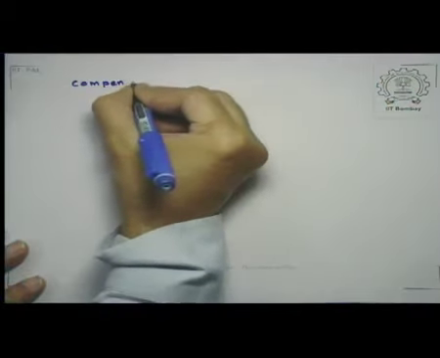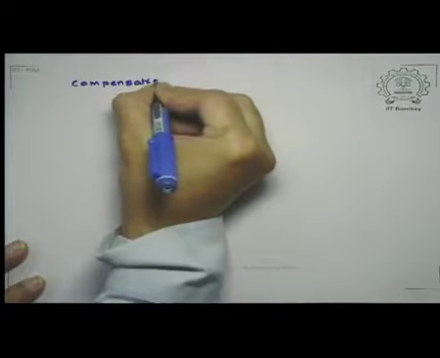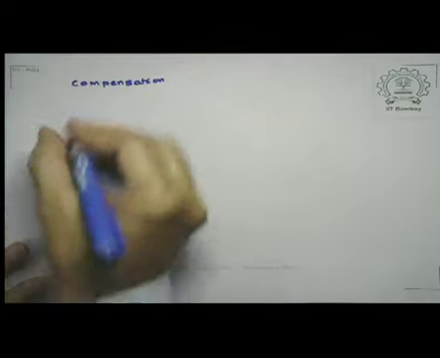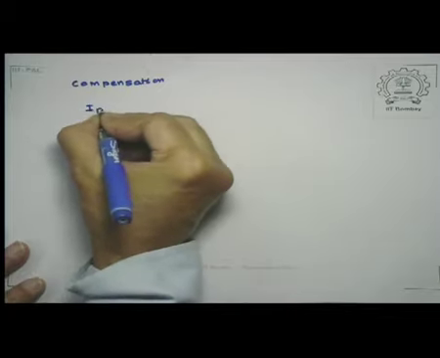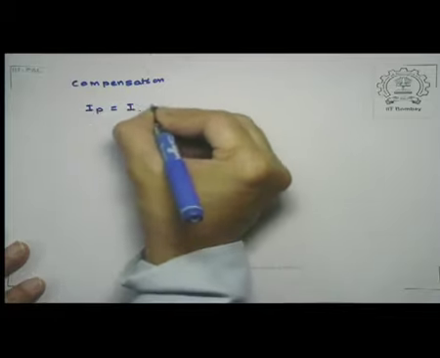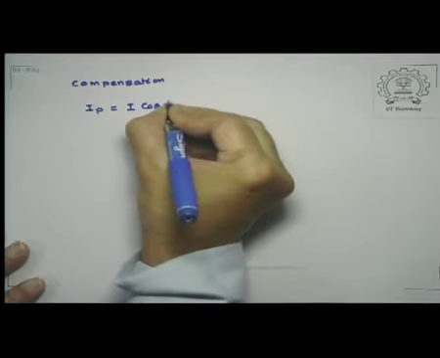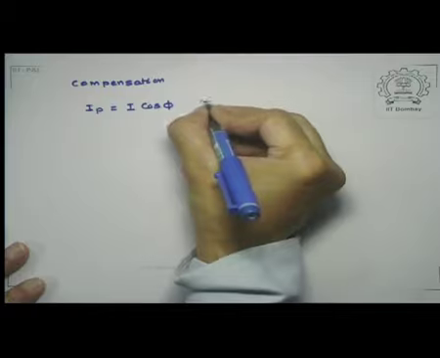Now let us look at how the power compensation takes place. Now what is compensation? So compensation basically is this. Remember we said that my IP, which is the component along the voltage, is the one which supplies true power.